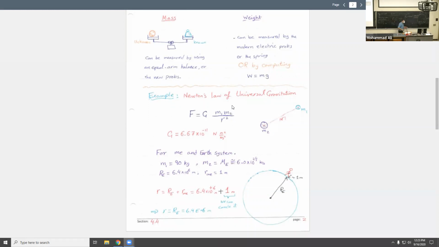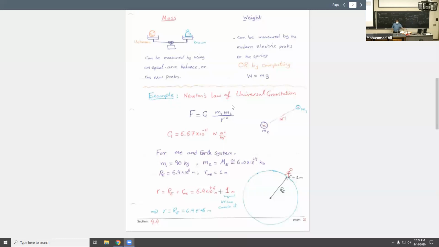Okay. The force between me and the Earth, which I've computed by the general law of Newton, is 79.7 Newton.